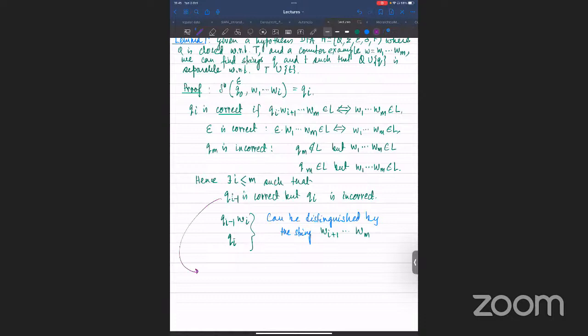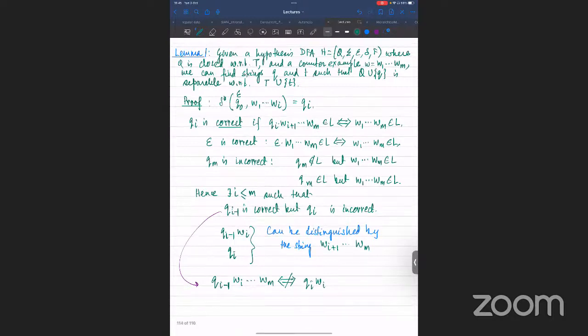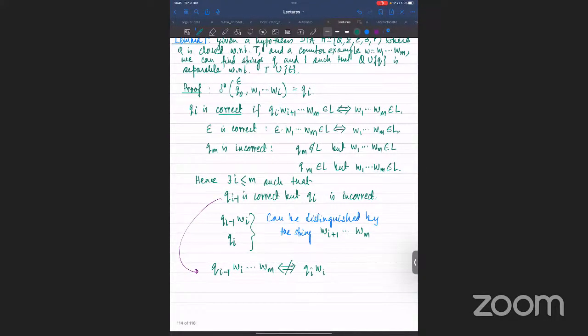It means that qi minus 1 wi to wm is not equivalent to qi wi plus 1 to wm.